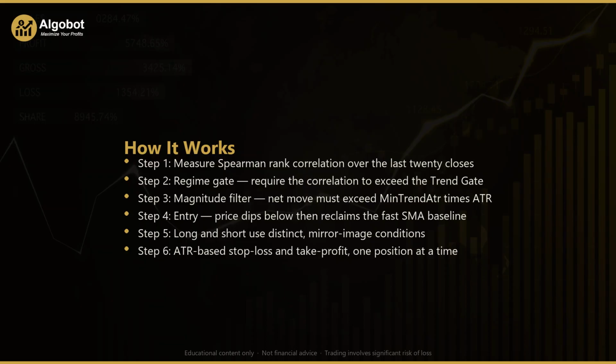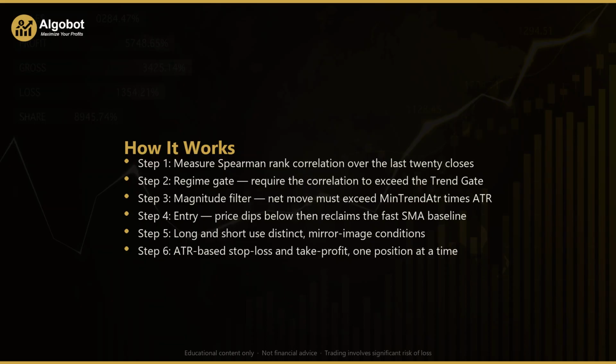For a short, it's the mirror image: the previous close at or above the baseline, and the current close rejecting back below it. Fifth, the strategy combines everything with distinct, symmetric rules. A long needs an up regime, a positive net move, and the reclaim. A short needs a down regime, a negative net move, and the rejection. Only one position per magic number is allowed at a time, so it won't stack trades.